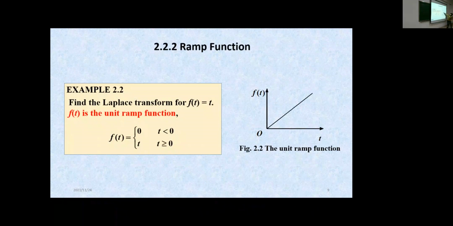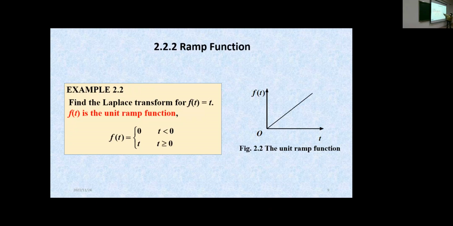It's a slope. And how about the degree of the slope? So when x equals t, then y equals t, right? When the angle here is 45 degrees, then we call this situation the unit ramp function.